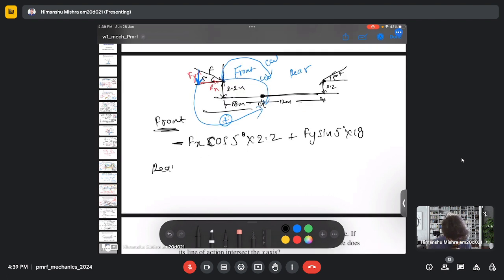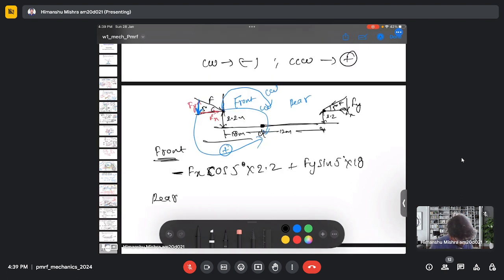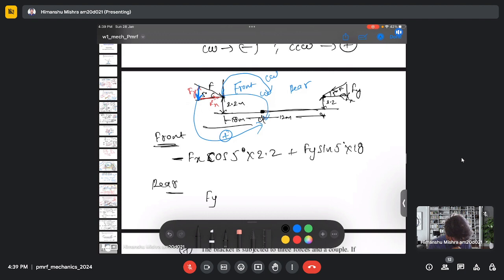And from the rear, this is our Fy and this is our Fx. In the rear, you will have Fy, which is negative because it is going clockwise.